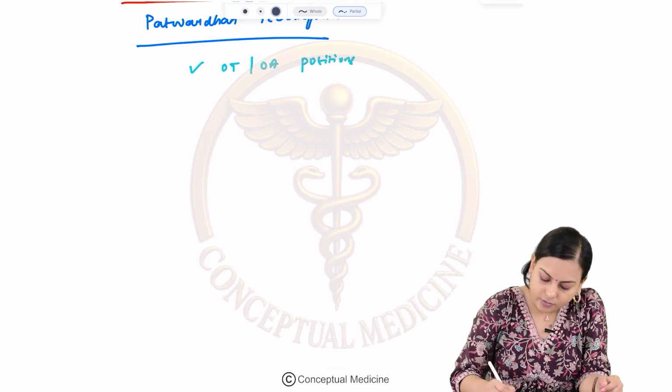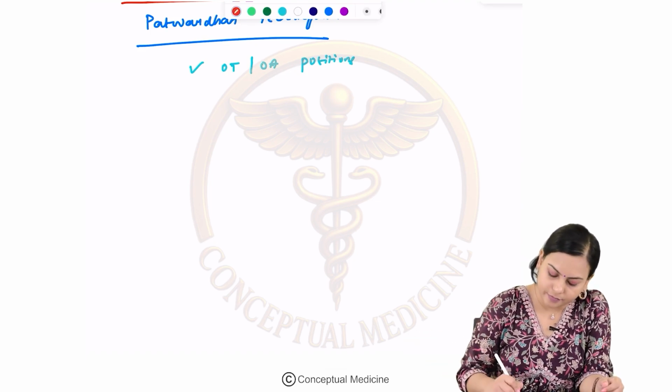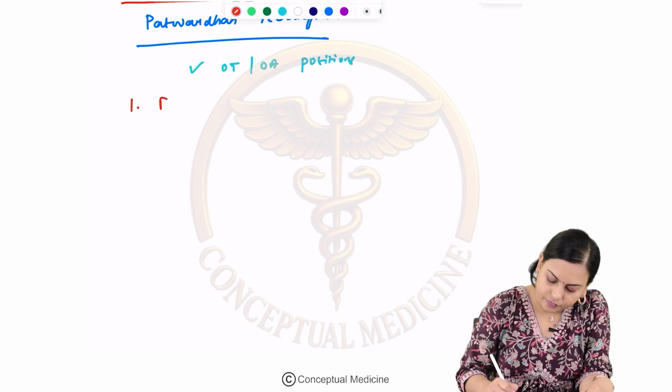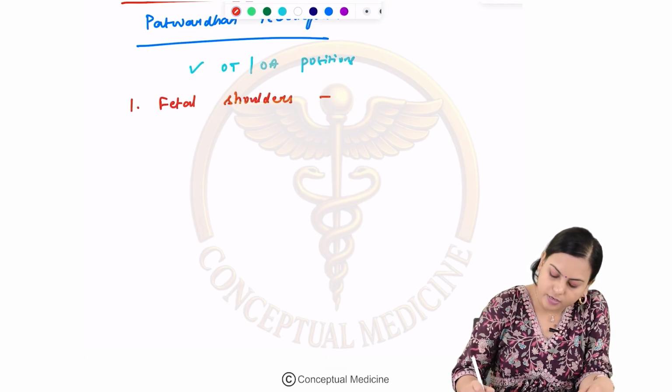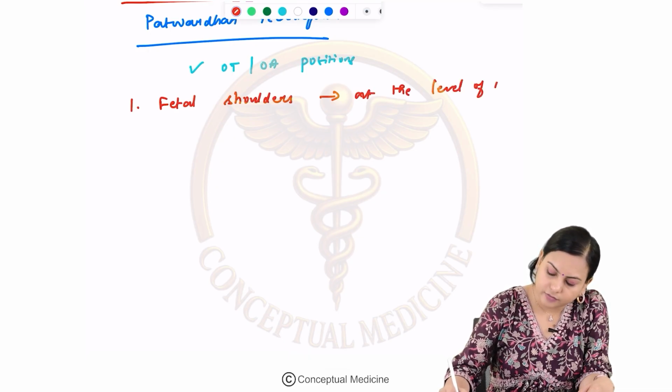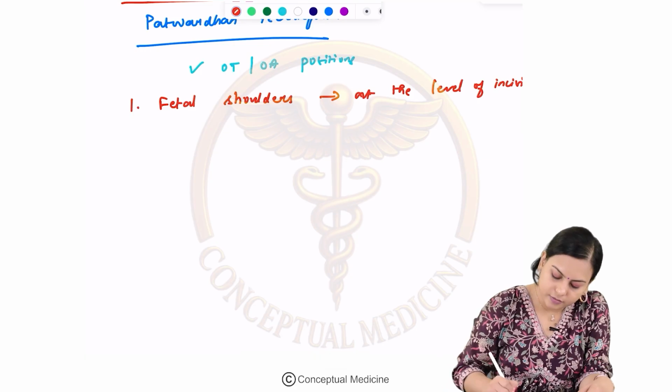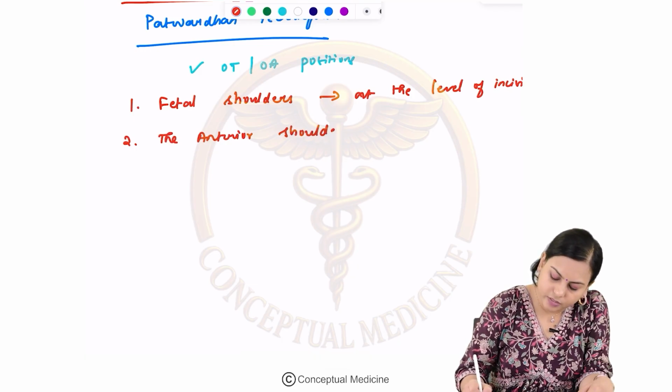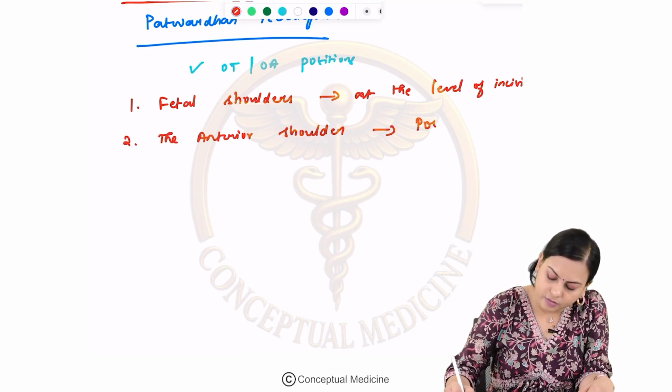Let me write it once again so that you will be able to understand. First, the fetal shoulders are seen at the level of the incision. Then the anterior shoulder is extracted, followed by the posterior shoulder.